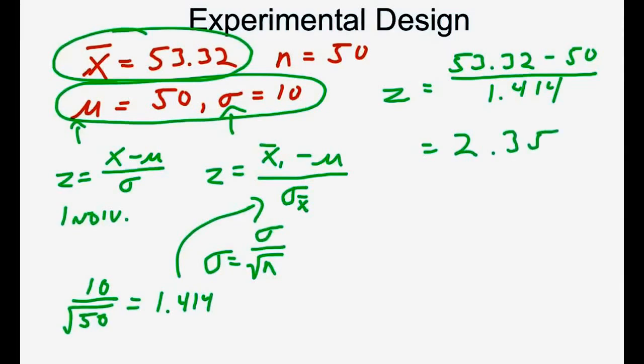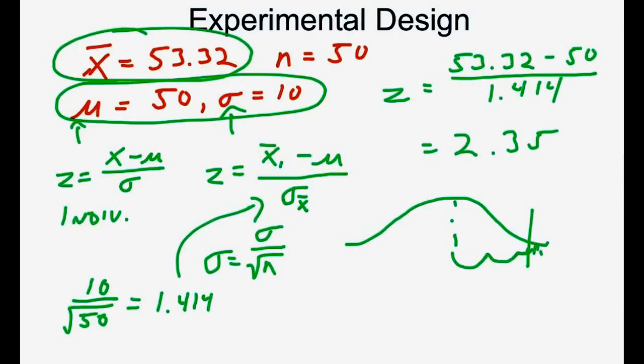That means that our sample of 50 people who had a mean of 53.32 fell not 1, not 2, but 2.35 standard errors away from the mean.